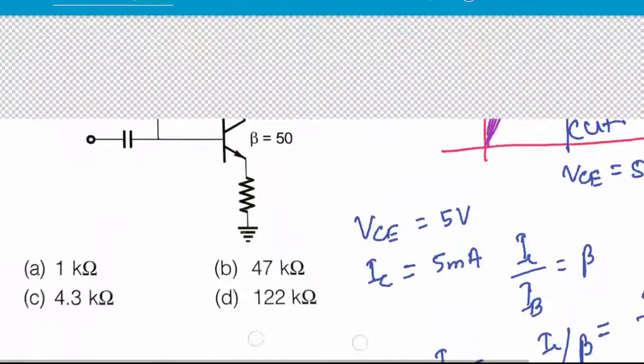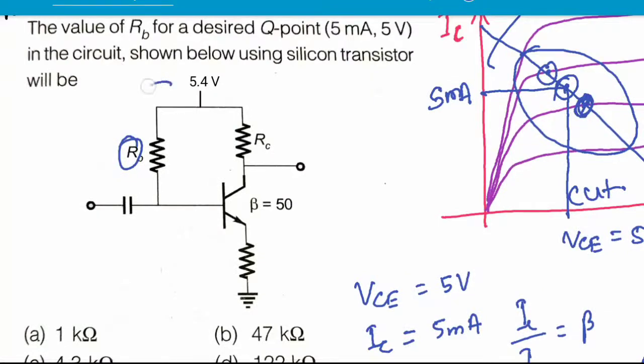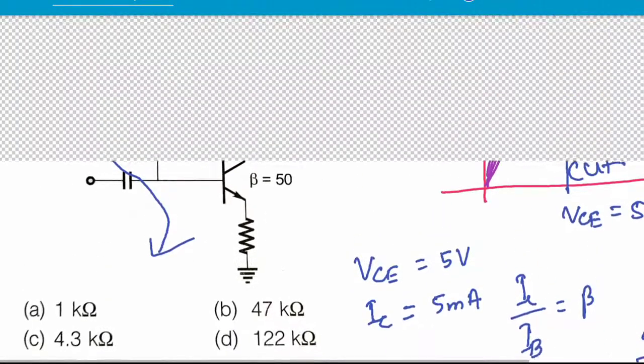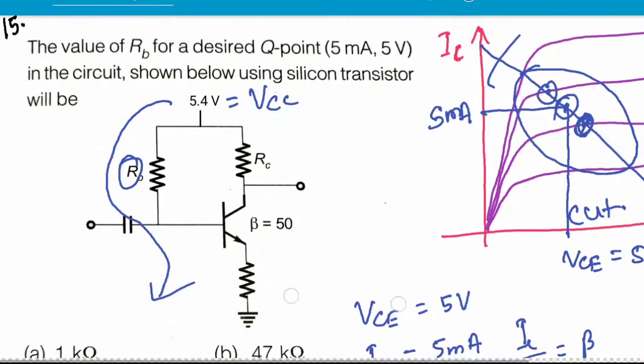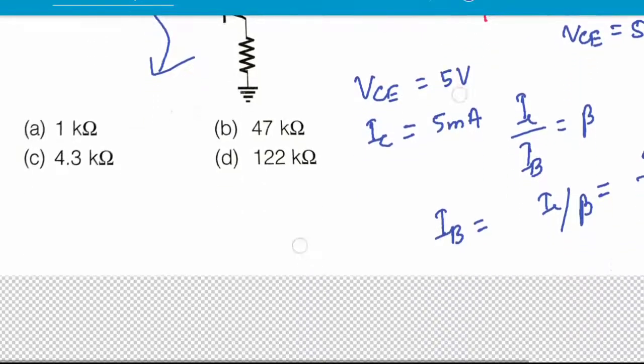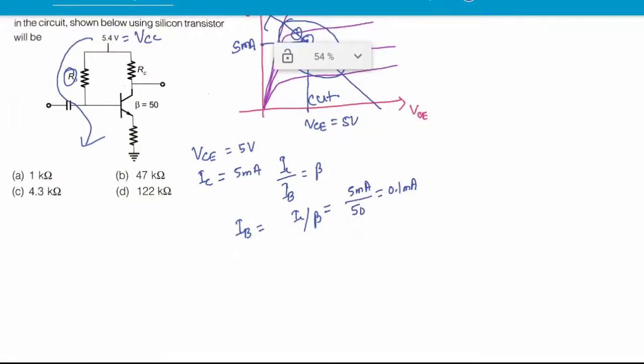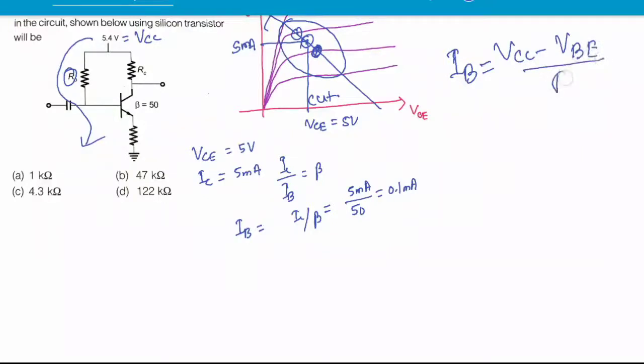And here if we apply KVL, what will happen? This one is VCC. I am zooming out. IB is equal to VCC minus VBE by RB.